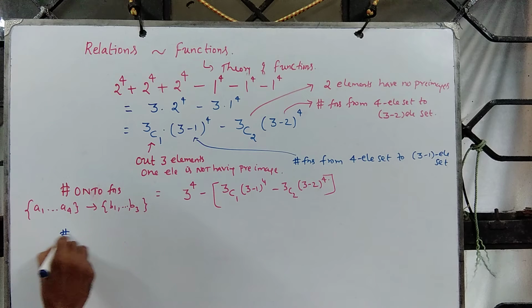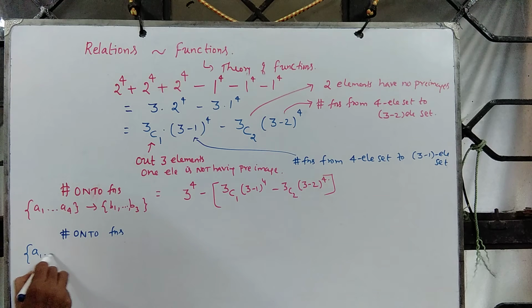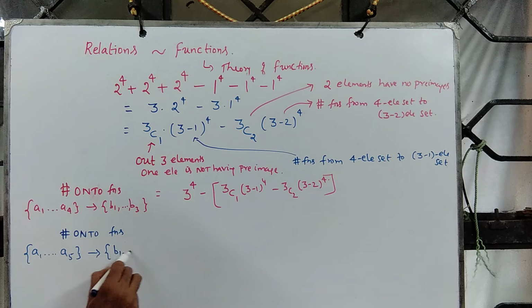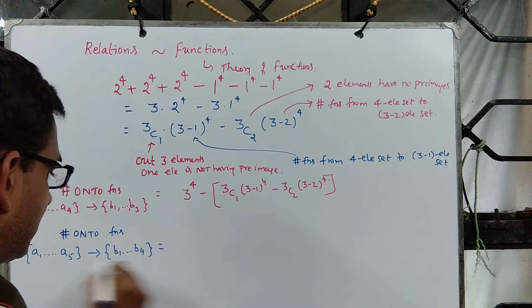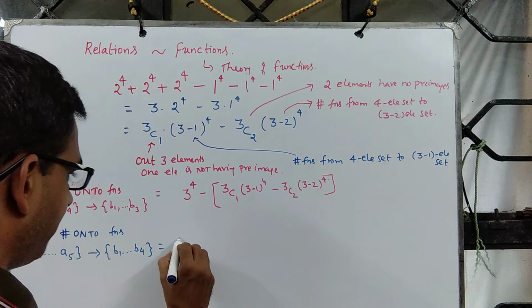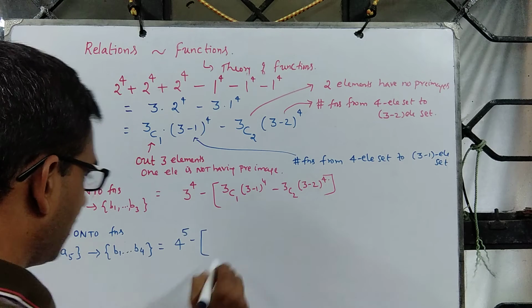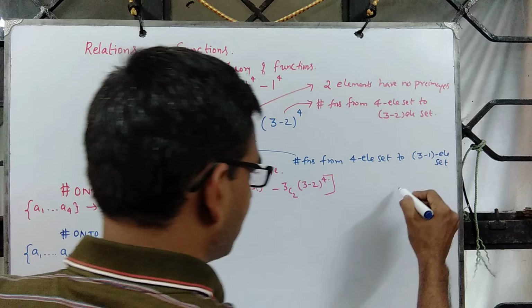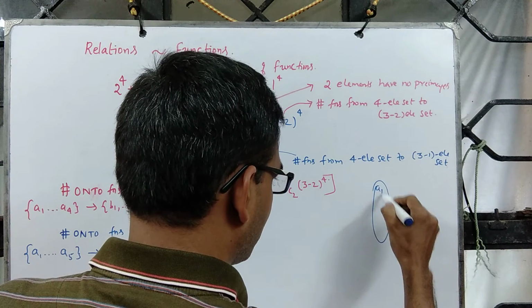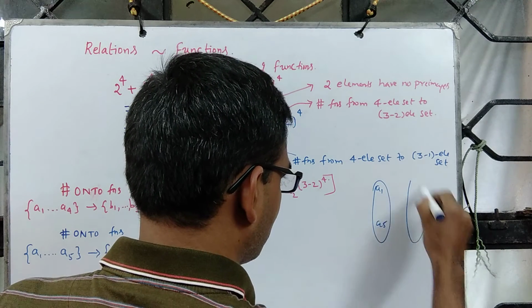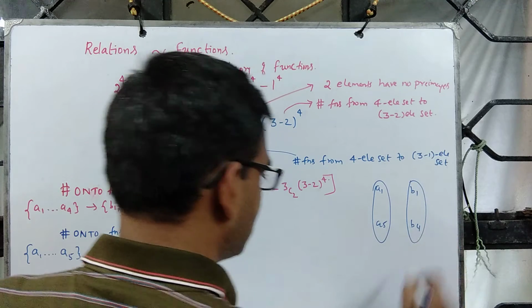Suppose you are interested in counting the number of onto functions from say A1 to A5 to say B1 to B4. Then the total number of functions from a 5 element set to a 4 element set is 4 power 5 minus, out of 4 elements in the codomain, there are 5 in the domain, there are 4 in this.